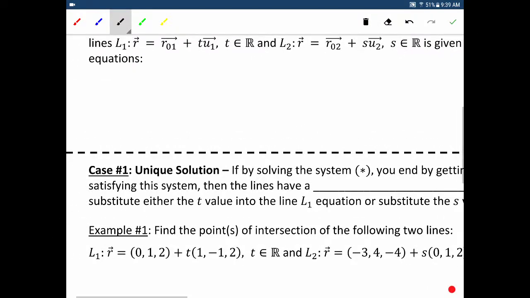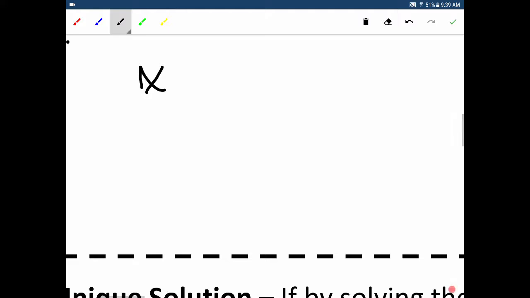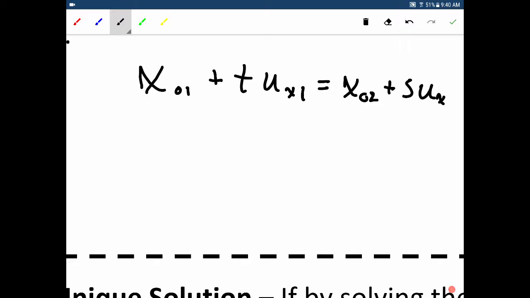Okay, so the system of equations is going to be, let me zoom in so that this is legible, x01 plus t times u x1 is equal to x02 plus s u x2. And then we just do the same thing for the y.